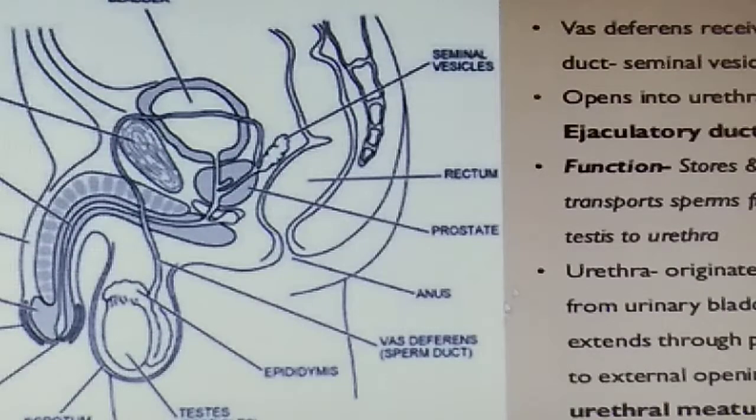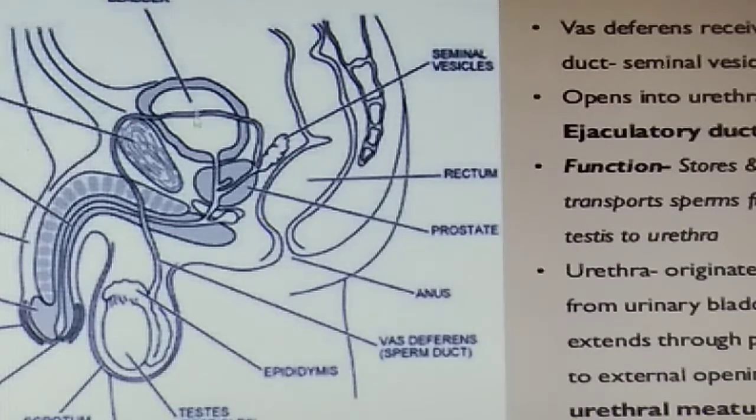Now students, it finally opens into the urethra as ejaculatory duct. And what is its function, students? It stores and transports sperms from testis to urethra. Okay, and urethra, we all know, students, originates from the urinary bladder.